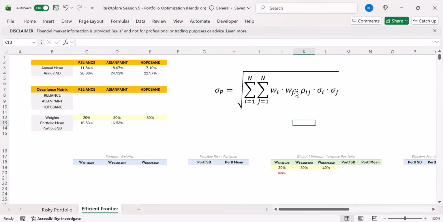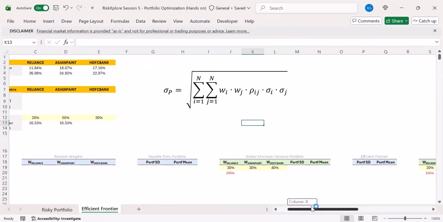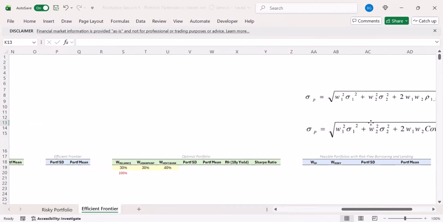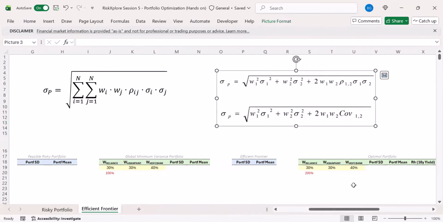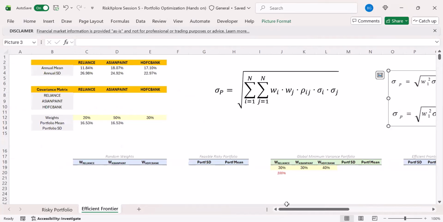If you see this, this is the formula for portfolio SD if you have multiple assets. If you have only two assets, only two stocks in the portfolio, then this is the formula. This is simpler formula. But right now, since we have more than two assets, two stocks, so we will use this formula here. Okay, we will have to use this formula here.